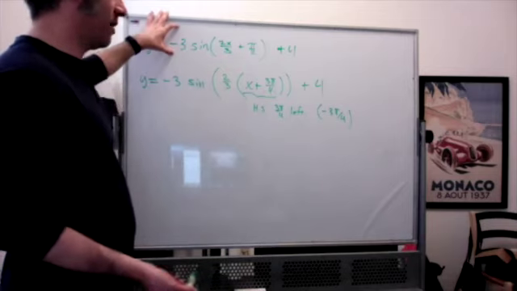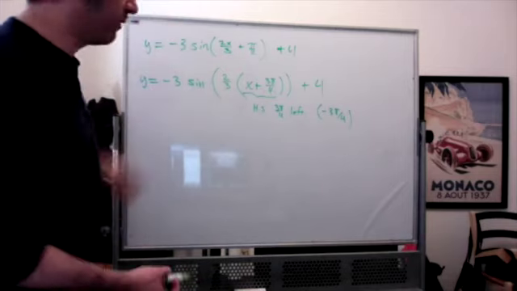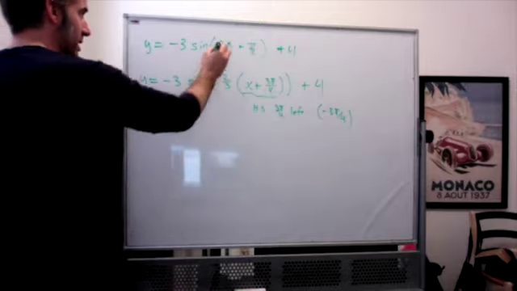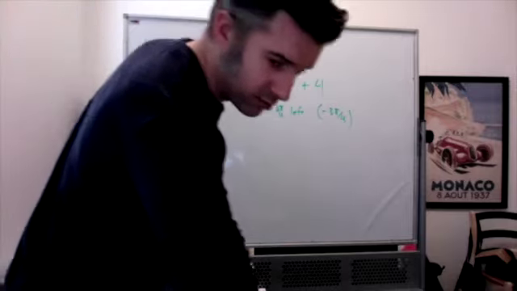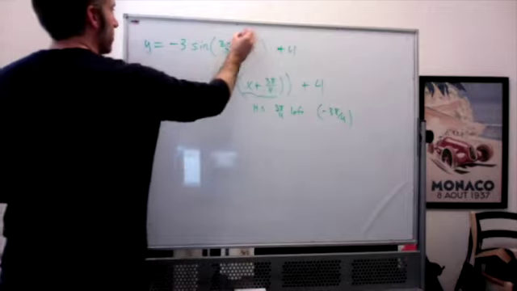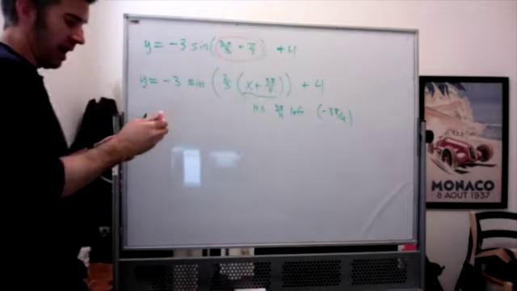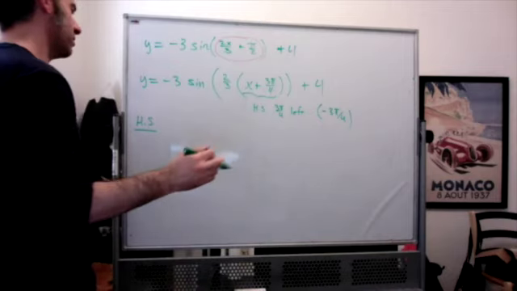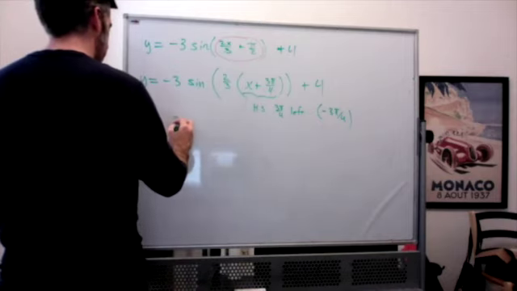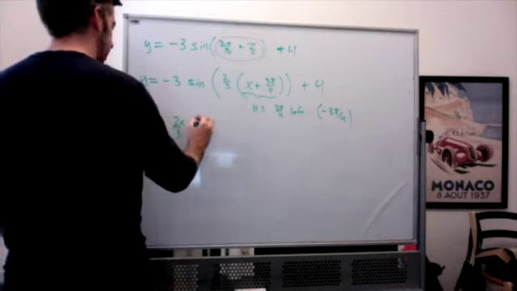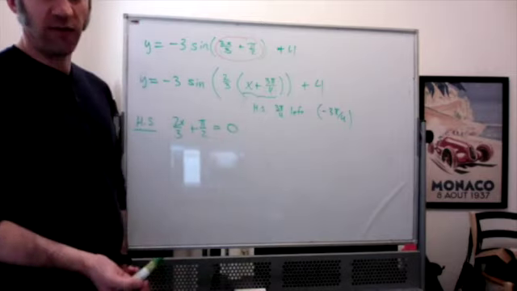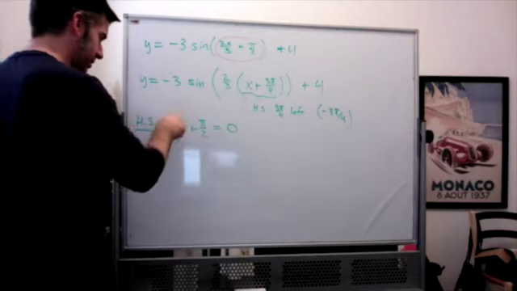So if you have it written this way, here's the work you do to find the horizontal shift. You take the insides of your angle, which is that, right? So they're taking sine of your 2x over 3 plus pi over 2, and you set it equal to 0. And then you solve for x. So one, you isolate this term.